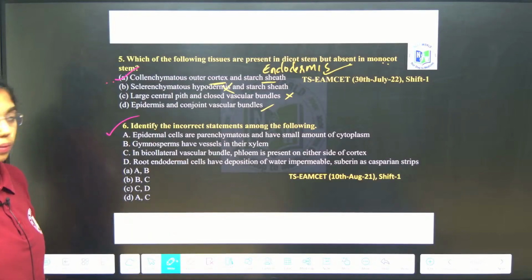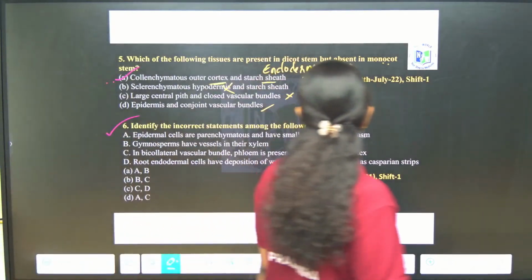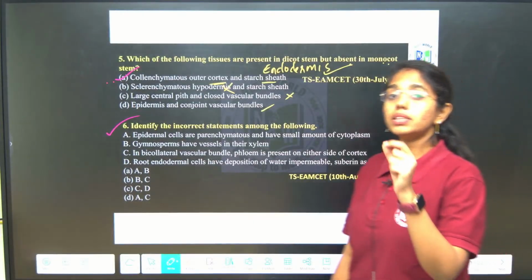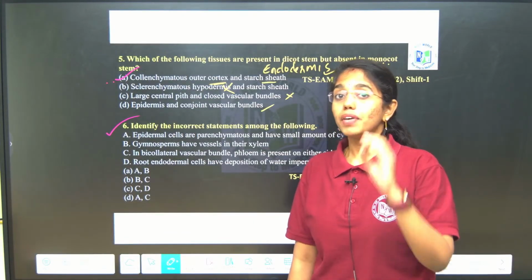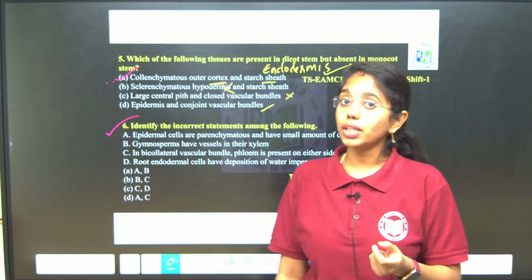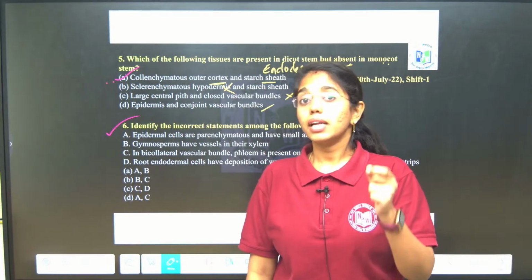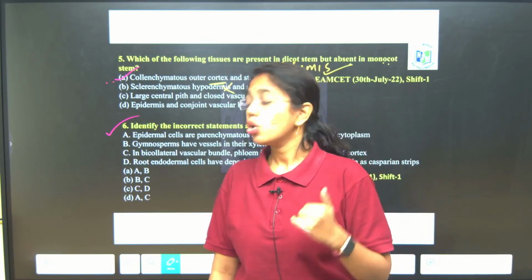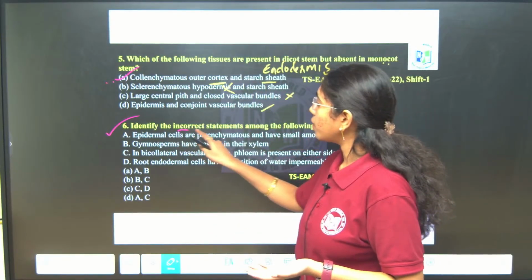Then you see next question. Identify the incorrect statement among the following. Remember students, whenever a statement based question is given, first you have to analyze whether in the question they are asking you to identify incorrect statements or correct statements. Based on that you have to go for the procedure of solving the question.